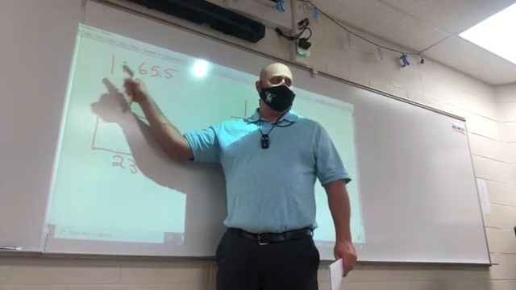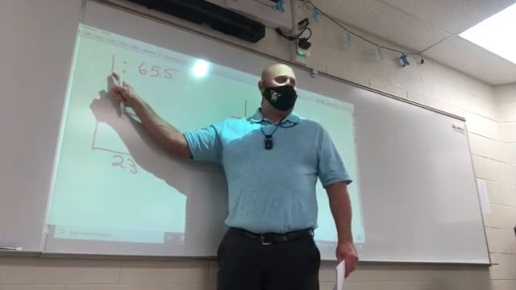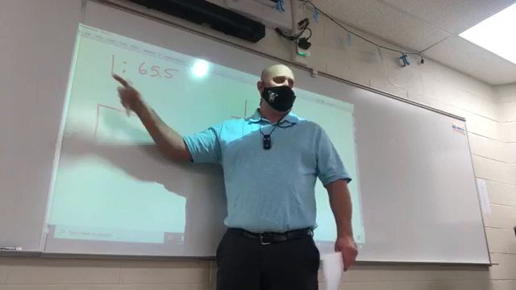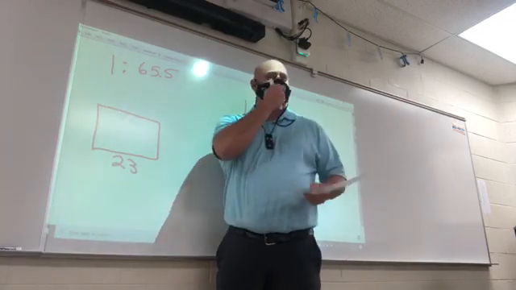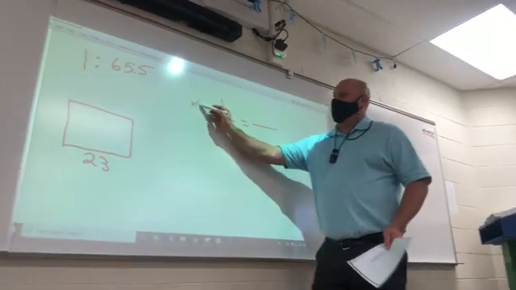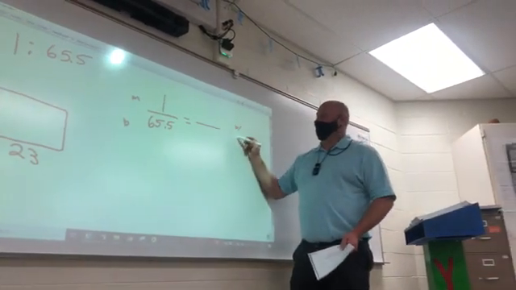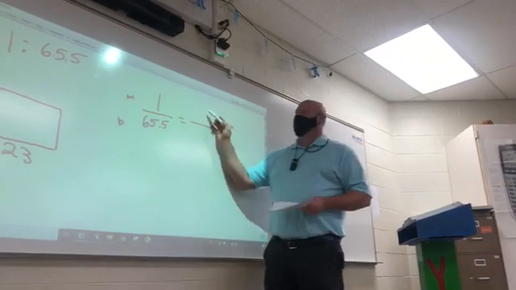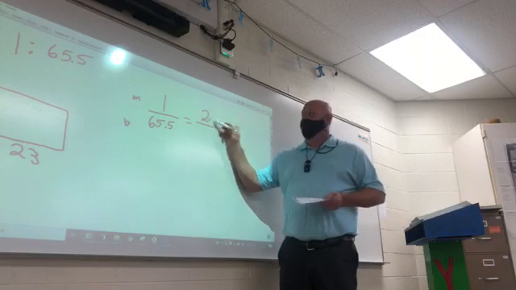Which one's going to be the model, which one's going to be the actual building? Doesn't the small one have to be the model? You're not going to make a model of a building that's bigger than the actual building, right? So this is model to building, right? So you got to remember to do model to building. 23 is the model, isn't it? So that goes on top.